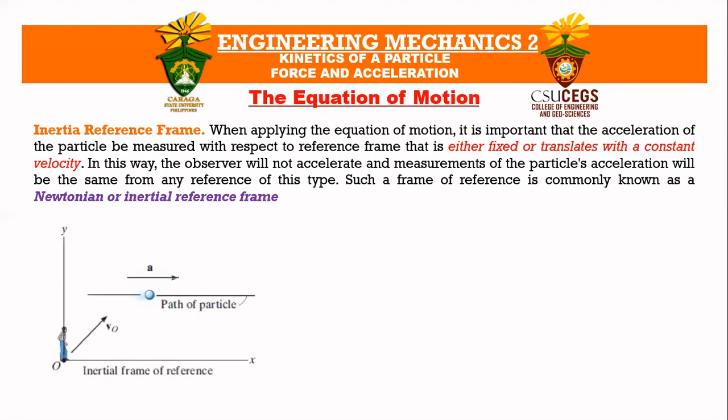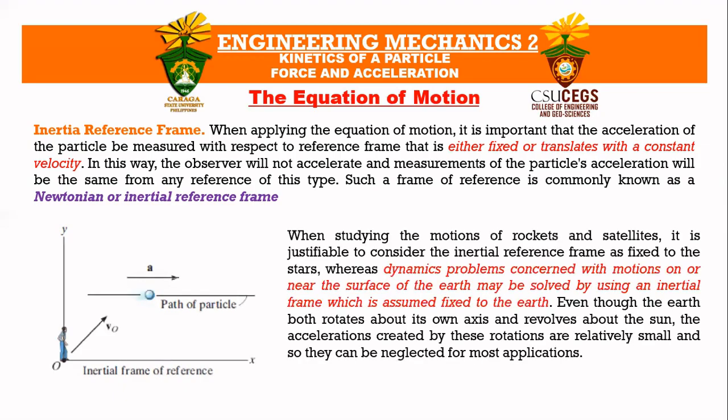This is an illustration of the inertial frame of reference, represented by the X and Y axes. When studying the motions of rockets and satellites, it is justifiable to consider the inertial reference frame as fixed to the stars.